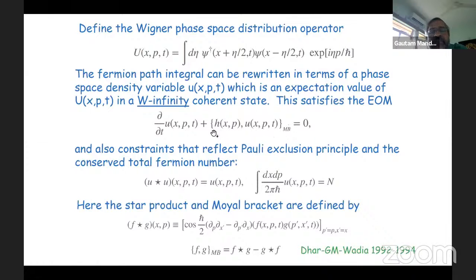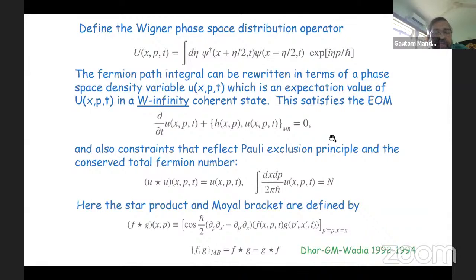But this bracket here is a Moyal bracket rather than a Poisson bracket, and the Moyal bracket is defined in terms of the star product. So we are talking about the h-u Moyal bracket. The Moyal bracket between two phase space functions is defined by first defining a star product, and the Moyal bracket is the commutator of the star product, F star G minus G star F.